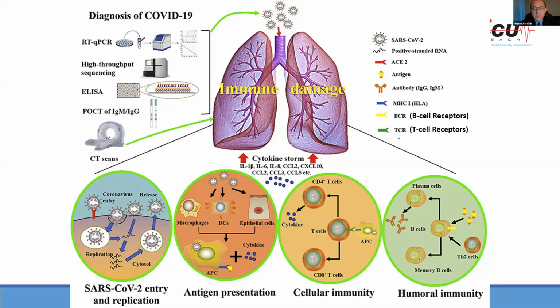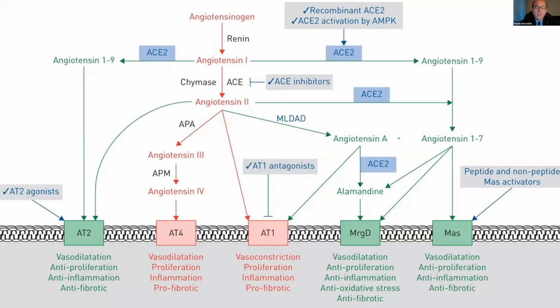The other thing I want to mention is that you probably did not get into this level of detail, including myself, to know what the different receptors in the vasculature and in the lungs are that are affected by angiotensin 2 and the metabolites of angiotensin 2.